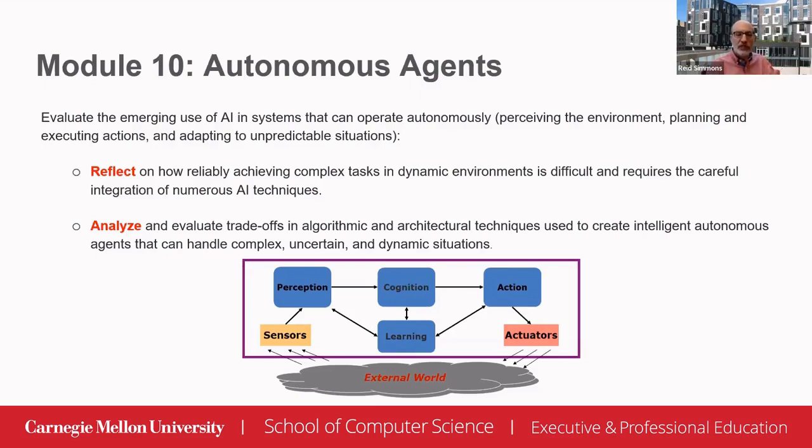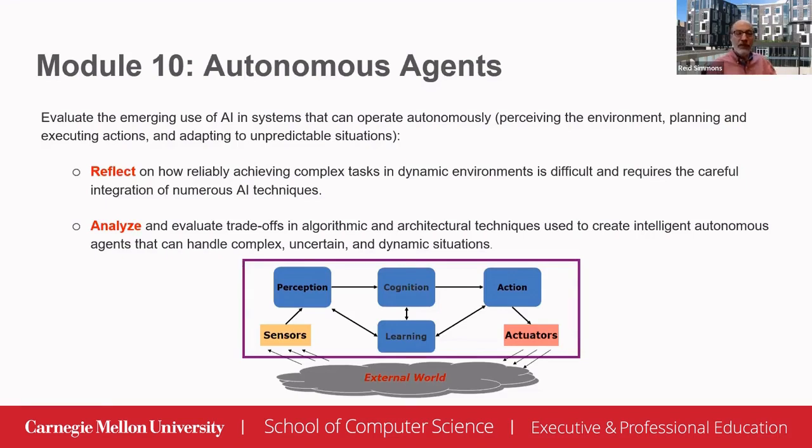So if I have an assistive robot that is helping in a hospital, it not only has to act autonomously when it's going through the hallway environment, but it also has to act autonomously, but in a natural way, when it's interacting with doctors and patients.